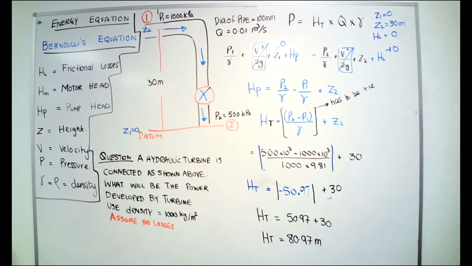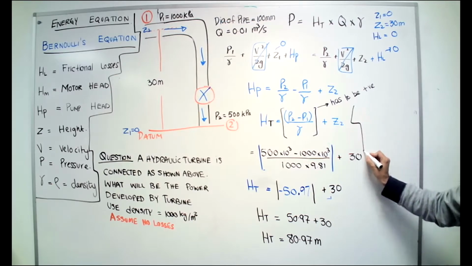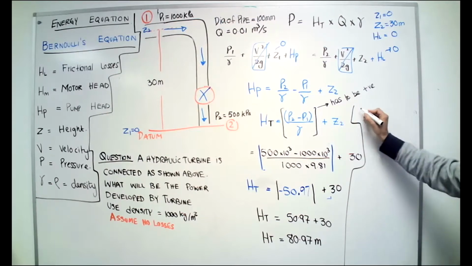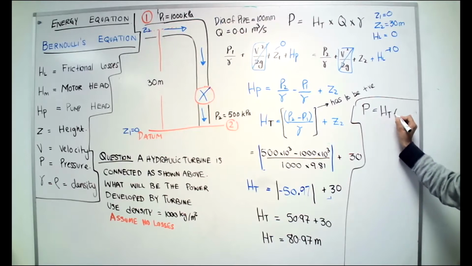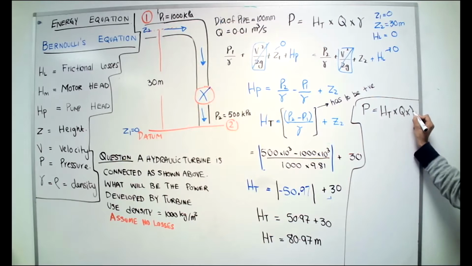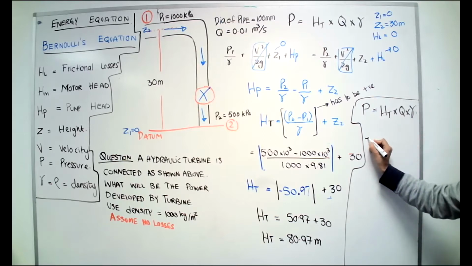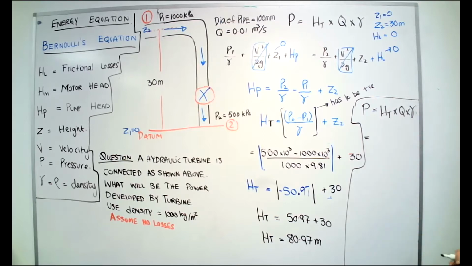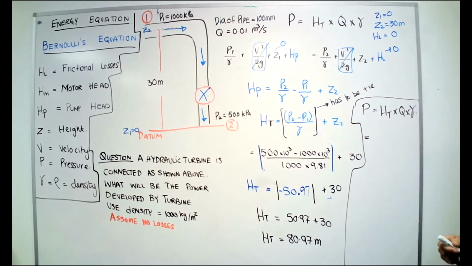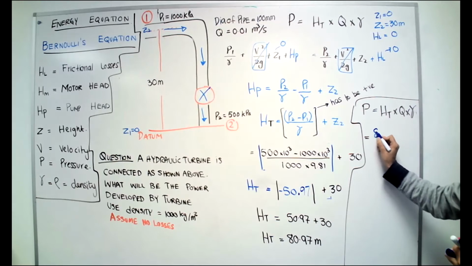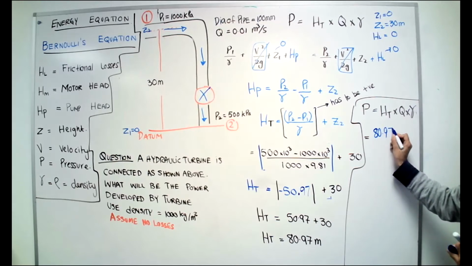Now, once we got the 80.97, I want to find out the power generated by this thing. We have the formula for the power: P equals HT times Q times the relative density. So I got HT, I just put in the values. This is 80.97.